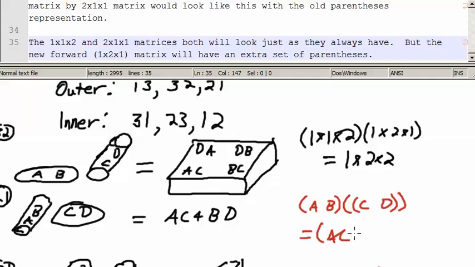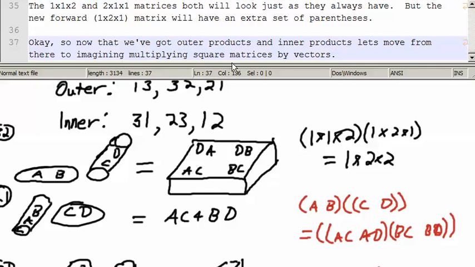Wait, it's gonna look like this. AC, AD, BC, BD. Okay, so now we've got outer products and inner products.